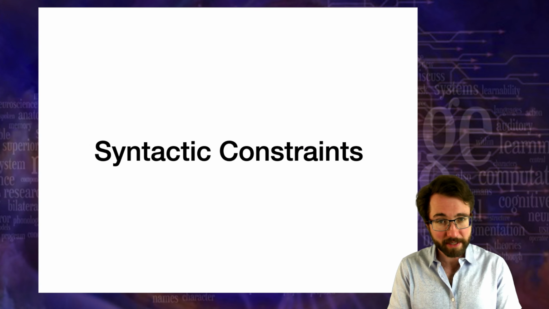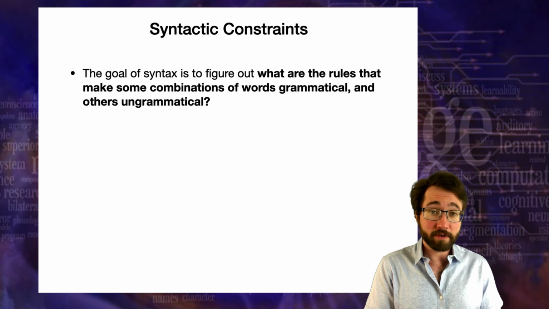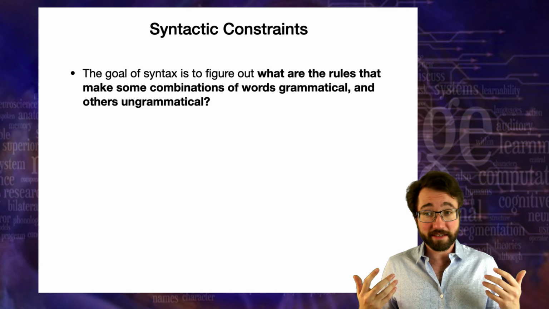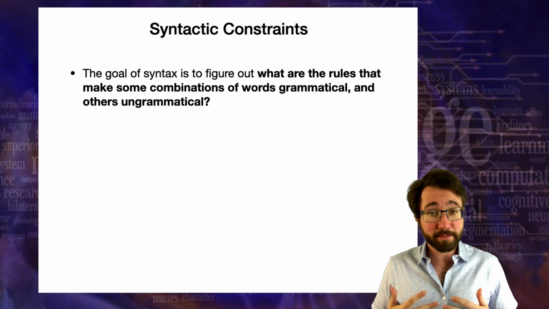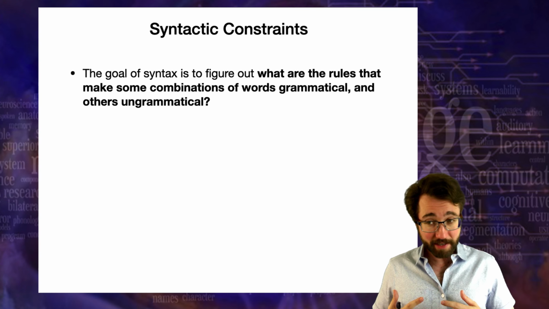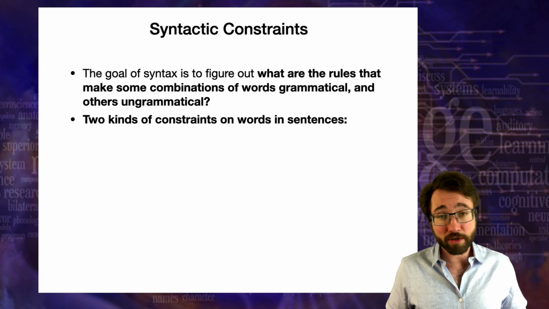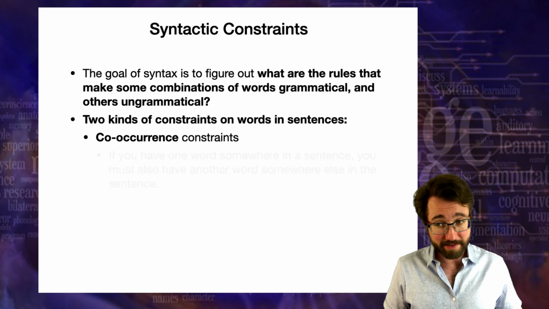So we also talked about this notion last time of syntactic constraints. The goal of doing syntax, as a linguist, when you're trying to figure out the syntax of a language, is to figure out what the rules are that make some combinations of words grammatical and other combinations of words ungrammatical. And when you do that, you find there's two kinds of constraints. There's co-occurrence constraints.